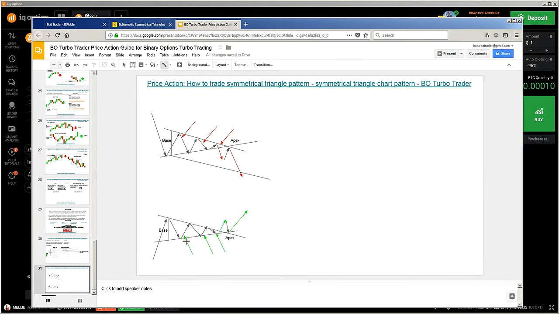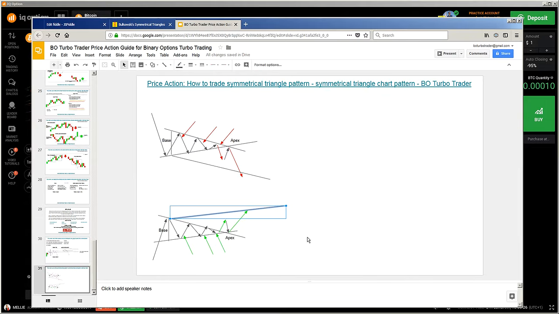And here also you do a parallel on this one from the base, where it started. You do a parallel, and so you would know where you have to exit then. So this is how the symmetrical triangle pattern is traded.